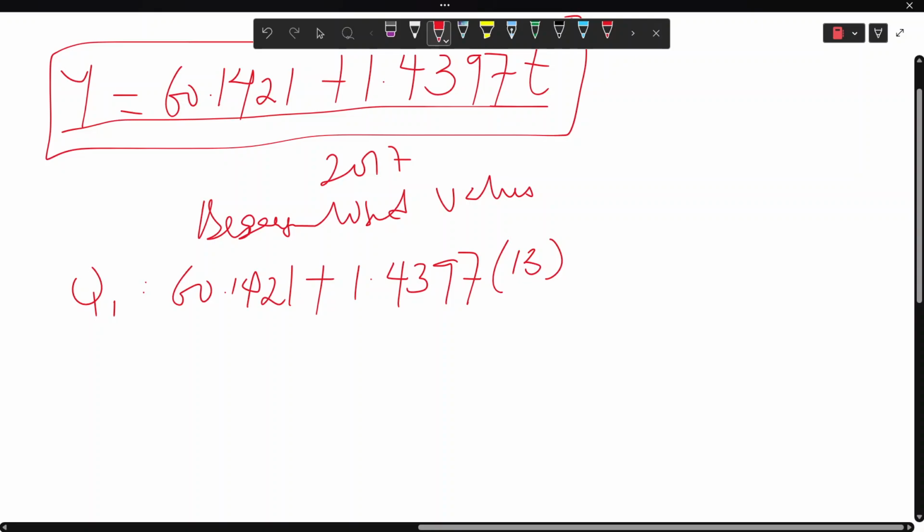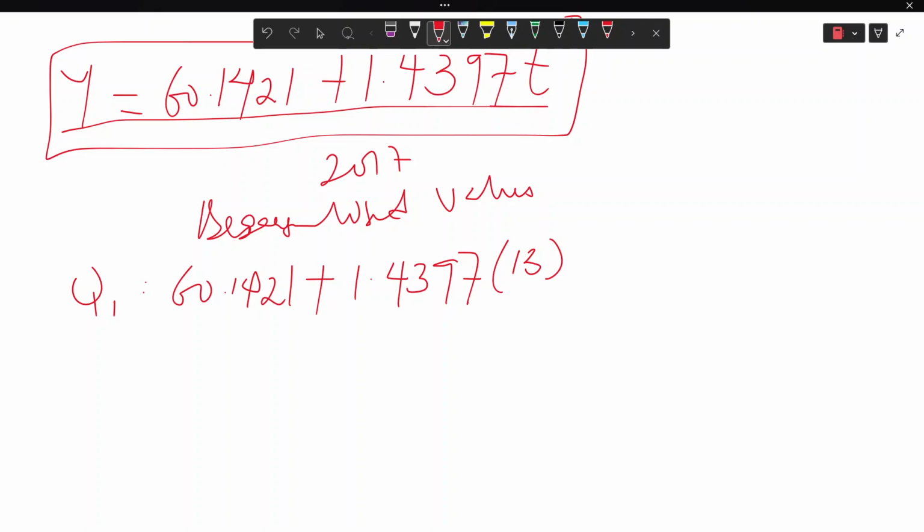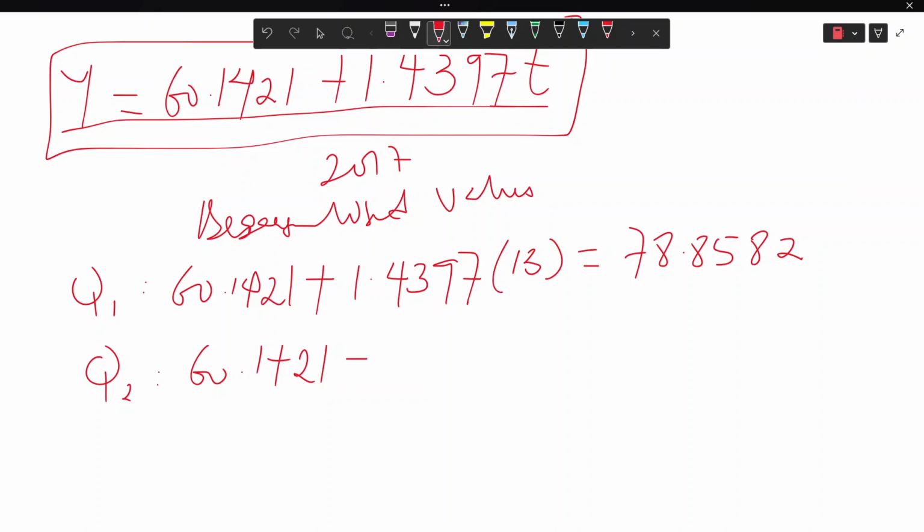So 60.1421 plus 1.4397 times 13, which is giving us 78.8582. Now for quarter two, 60.1421 plus 1.4397 times 14.